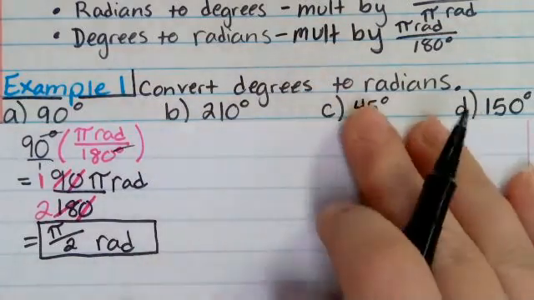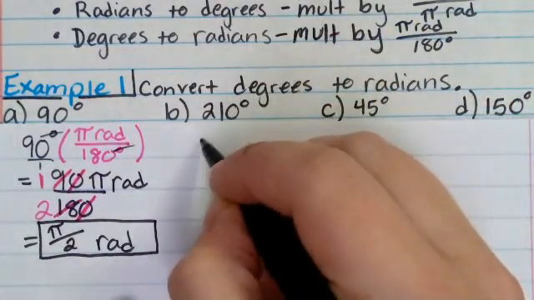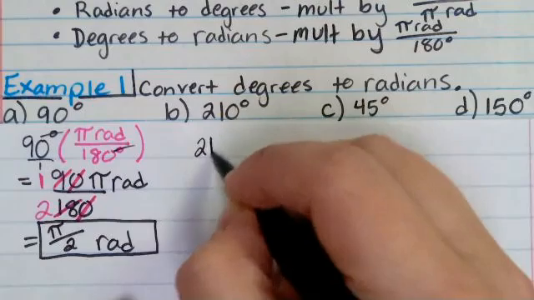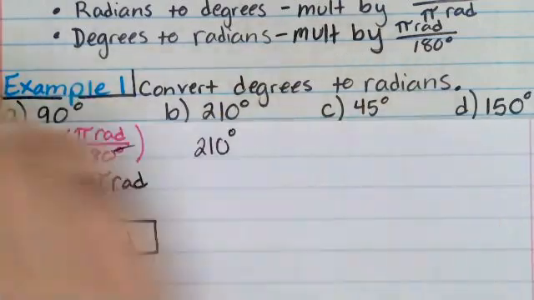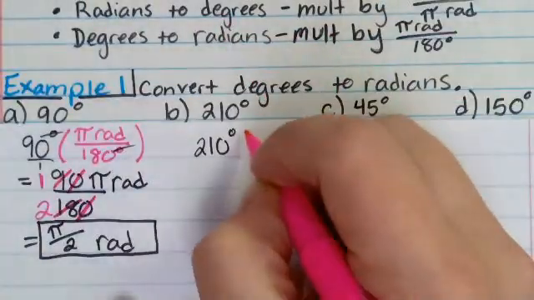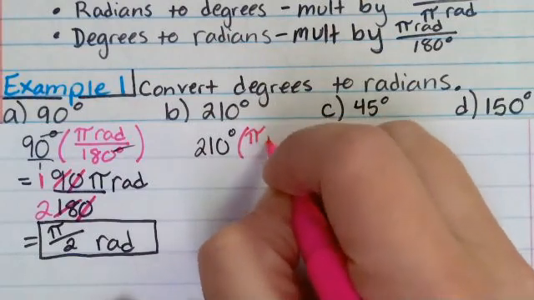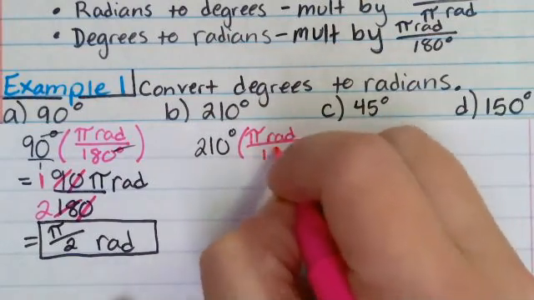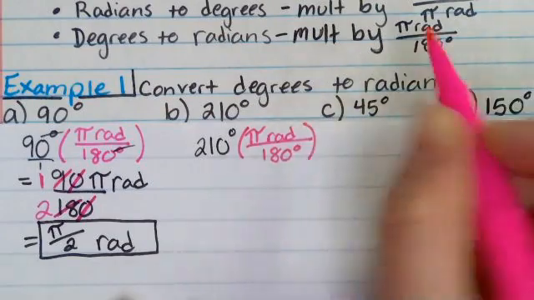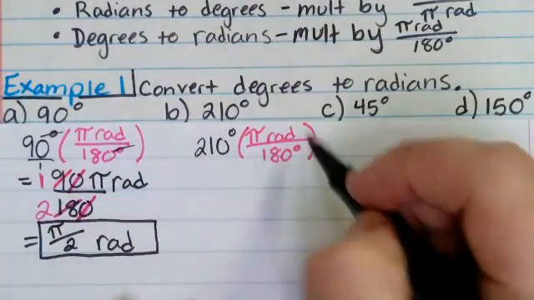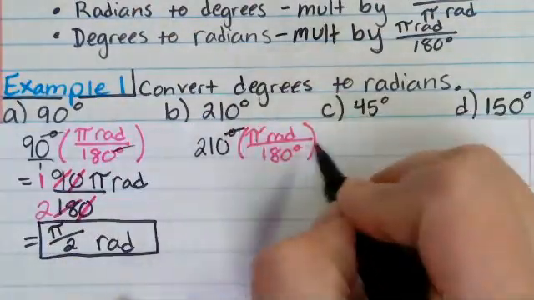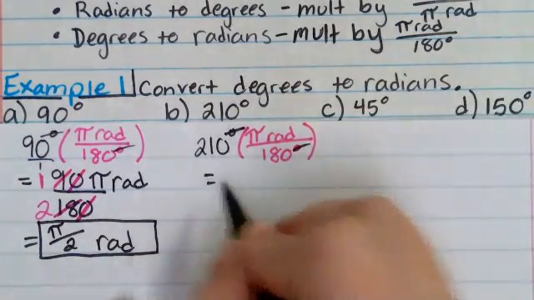All right, let's look at 210 right here. We're going to do the same deal. We're going to take 210 degrees and multiply that by our conversion factor, pi radians over 180 degrees. Remember, the whole reason we wanted degrees on the bottom is so that they cancel and they're gone.